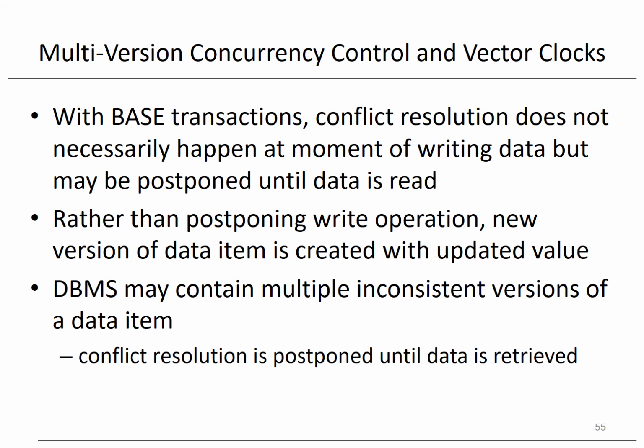Meanwhile, another user or application may be inducing another write, resulting in yet another replica of the same data item. As a consequence, the DBMS may contain multiple inconsistent versions of this data item. Conflict resolution between these versions is postponed until the data is actually retrieved.